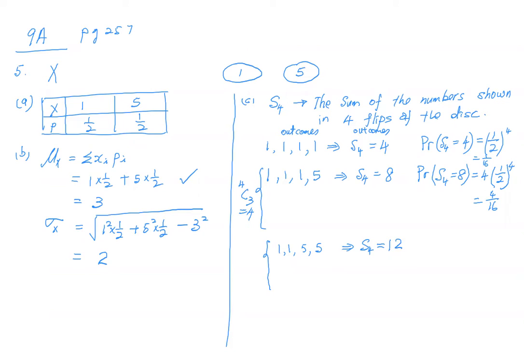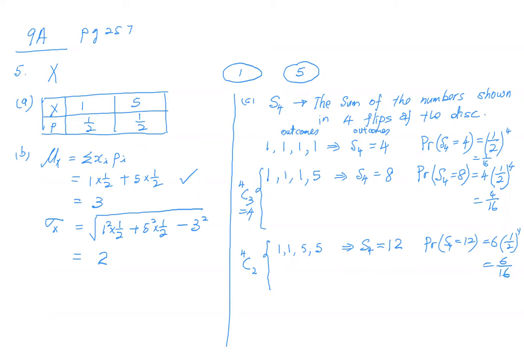So how many ways can I have 12? 6 ways. How do you get 6 ways? 4C2. So I have 6 times 1 over 2 to the power of 4. So I have 6 over 16.